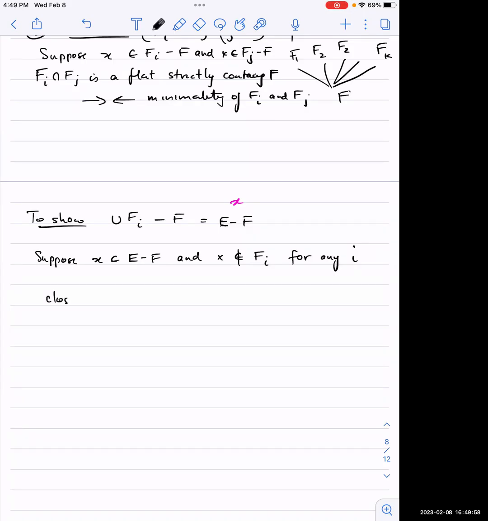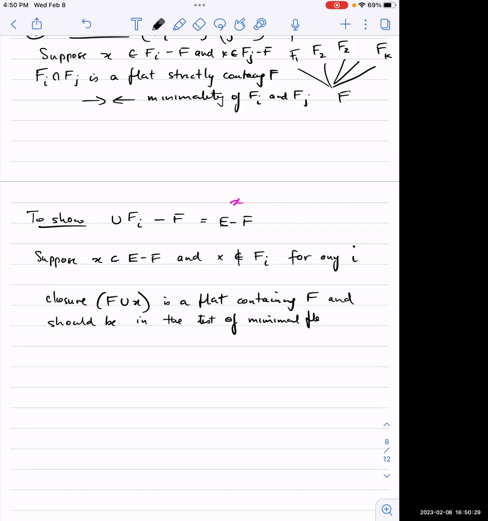Then closure of F union X is a flat containing F, and it should be in the list of minimal flats F1 to Fk, and it's not.